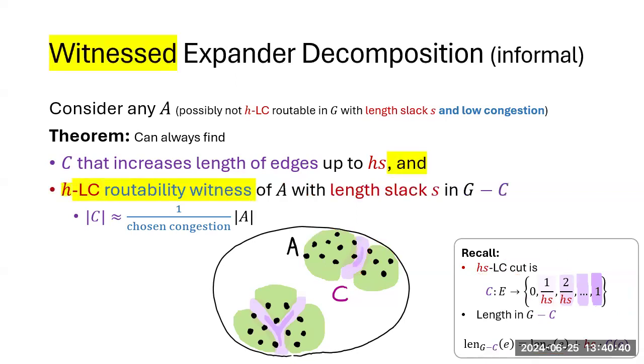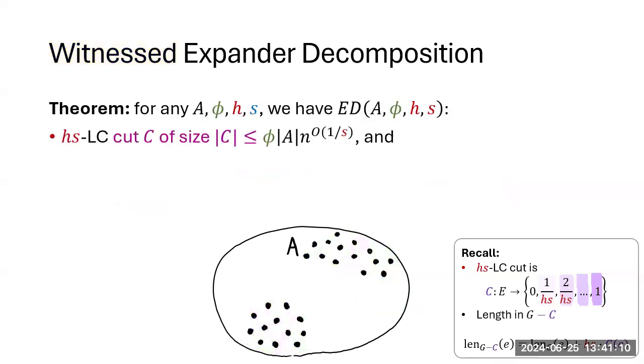And witness expander decomposition is just the same thing, except that you not only return the cut, you also return the witness of routability of A, not just a guarantee that A is routable. So you basically have the router on top of each neighborhood cover and the embedding of this router. Just to be precise, witness expander decomposition consists of two things.